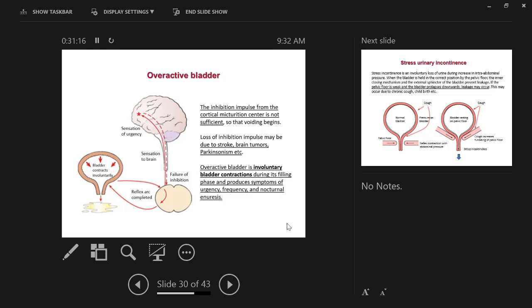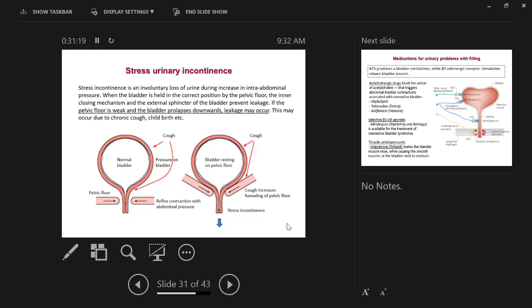Another typical case is called stress incontinence. Stress incontinence is an involuntary loss of urine during an increase in intra-abdominal pressure. When the bladder is held in the correct position by the pelvic floor, the inner closing mechanism and the external sphincter of the bladder prevent leakage, which means that this is the pelvic floor, and this is holding the bladder.